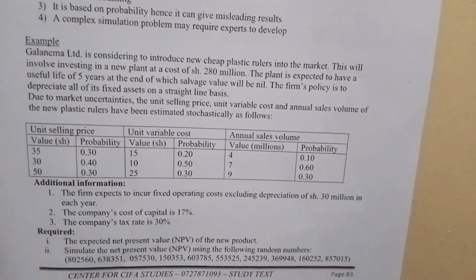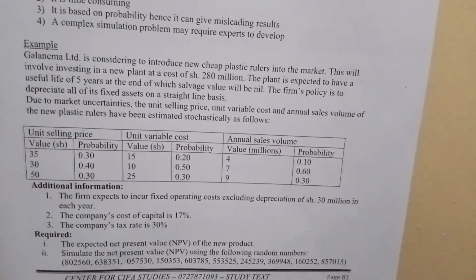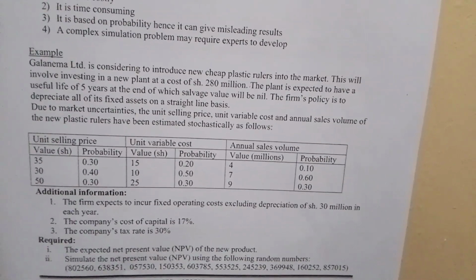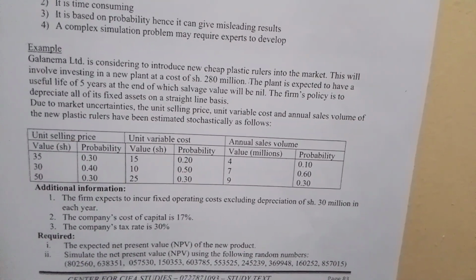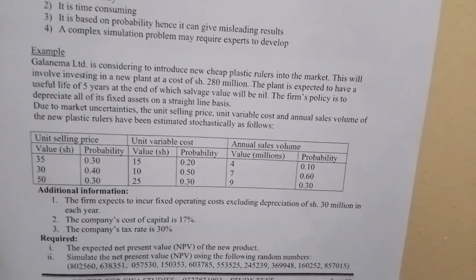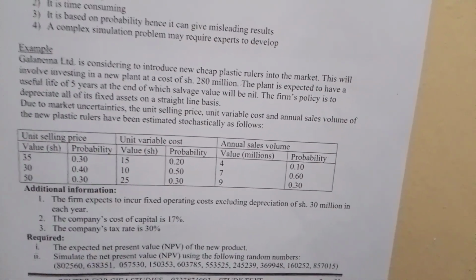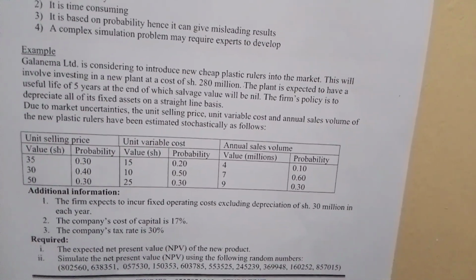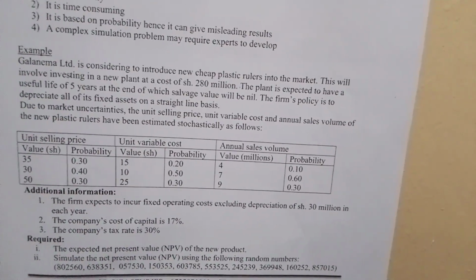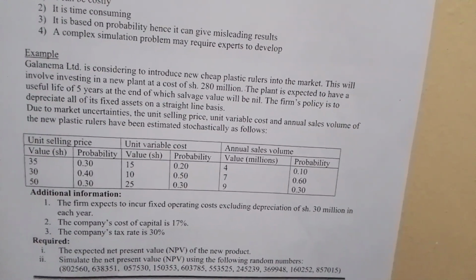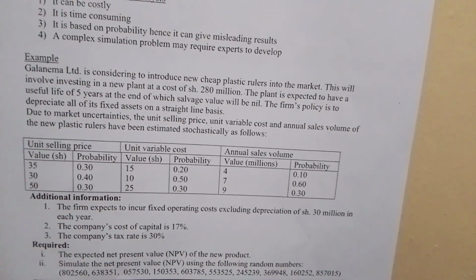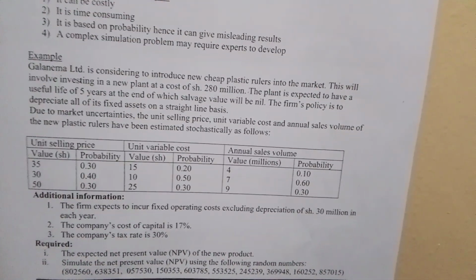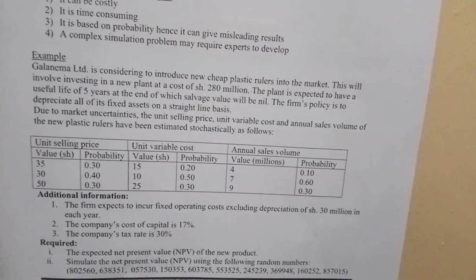Galanema Limited is considering to introduce new cheap plastic rulers into the market. This will involve investing in a new plant at a cost of shillings 280 million. The plant is expected to have a useful life of 5 years, at the end of which salvage value will be nil.